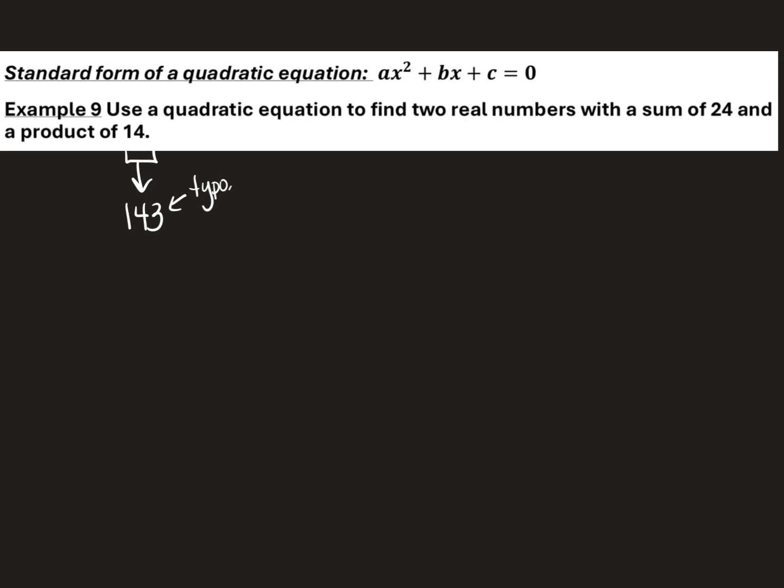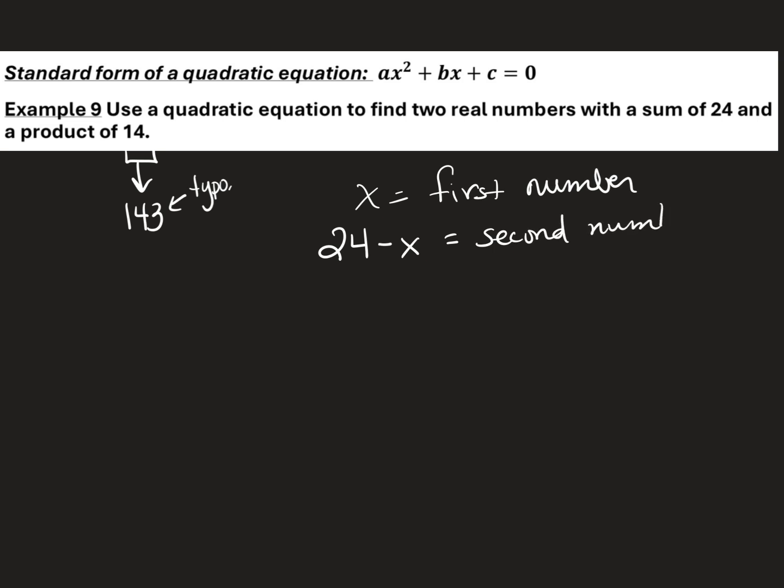Okay, so it wants me to use a quadratic equation to find two real numbers with a sum of 24 and a product of 143. So I'm going to start with x as the first number. If they have a sum of 24, then if I subtract one number from 24, that would be the second number.